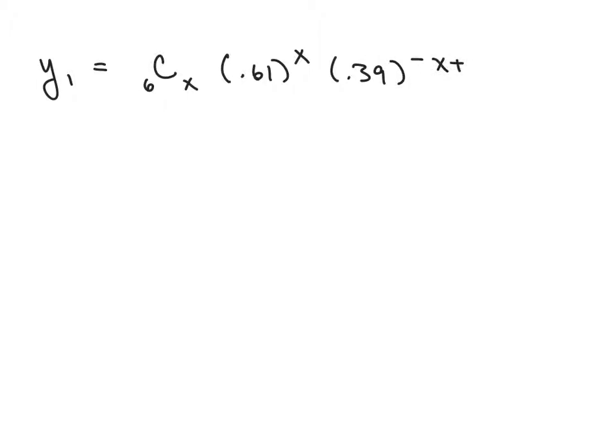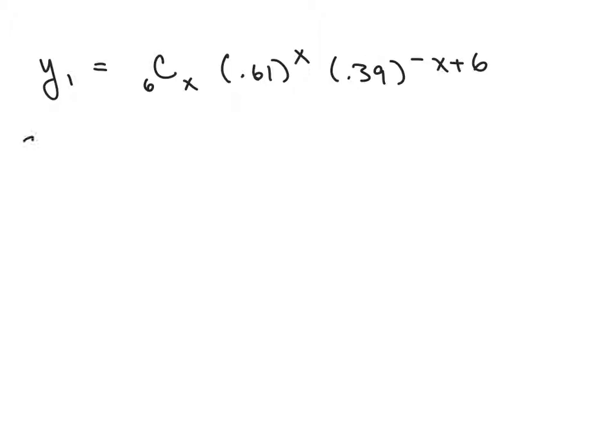My first mistake was I gave you the wrong p's because I can't add and subtract. So what I'm going to put in my calculator is going to look like this: 6 nCr x, 0.61 to the x, 0.39 to the negative x plus 6.